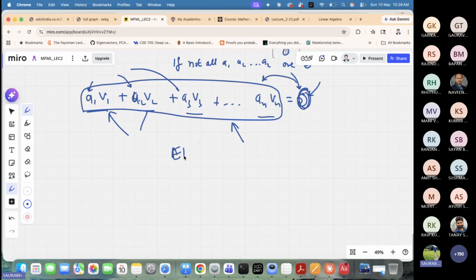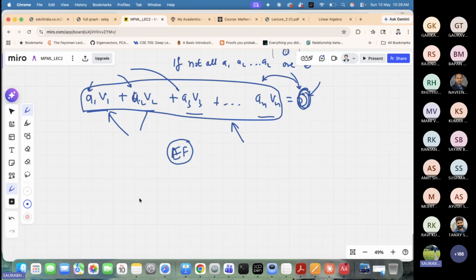Once you have it, you find out how many pivots you have. The columns which do not have pivots are basically the dependent vectors. If all the columns have pivot values, the vectors are linearly independent. But if some columns do not have a pivot value, then the vectors are linearly dependent. That's the only thing we'll have to do.